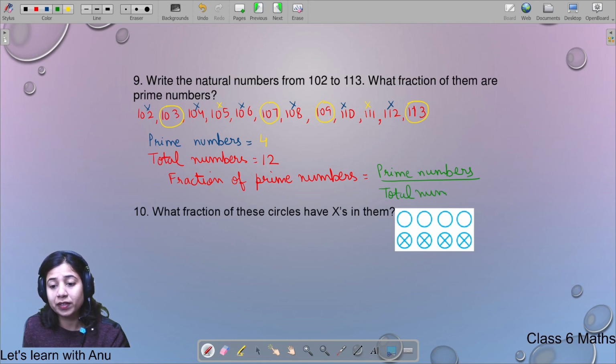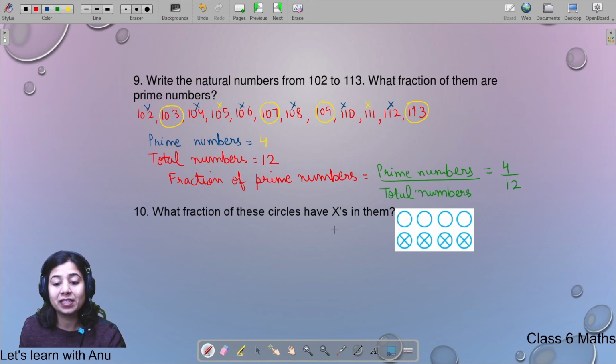So prime numbers we have already counted. Total numbers, right? So it is 4 by 12.